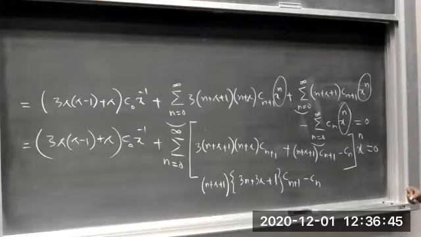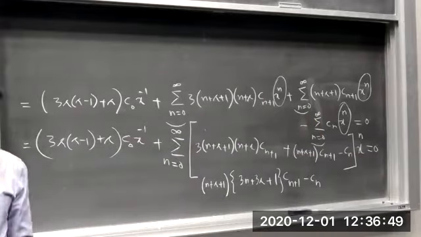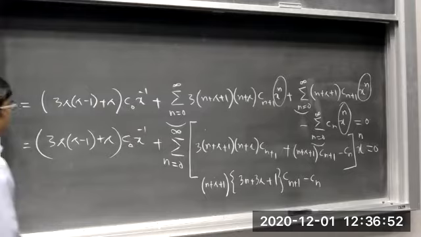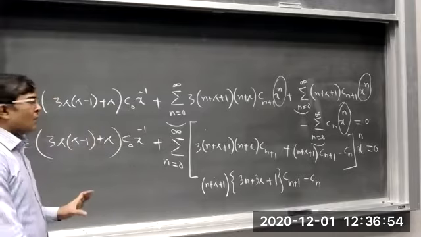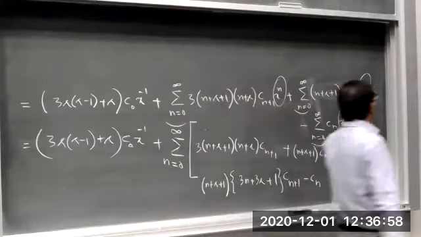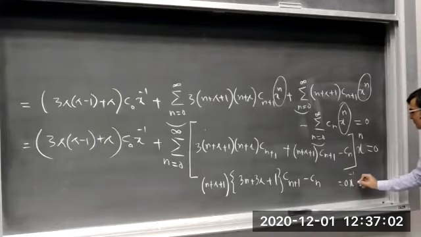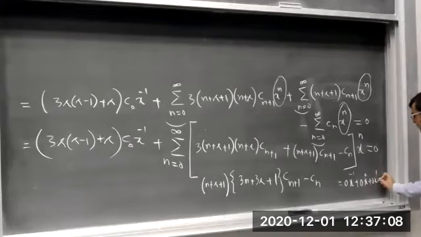Now comparing the coefficients on both sides. On x power minus 1, what is the coefficient on the right hand side? We can write 0 into x power minus 1 plus 0 into x power 0 plus 0 into x power 1 plus so on.